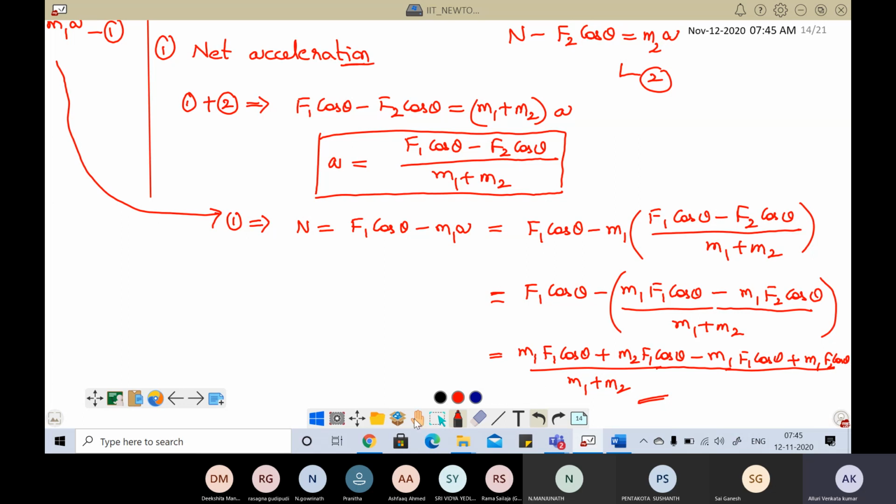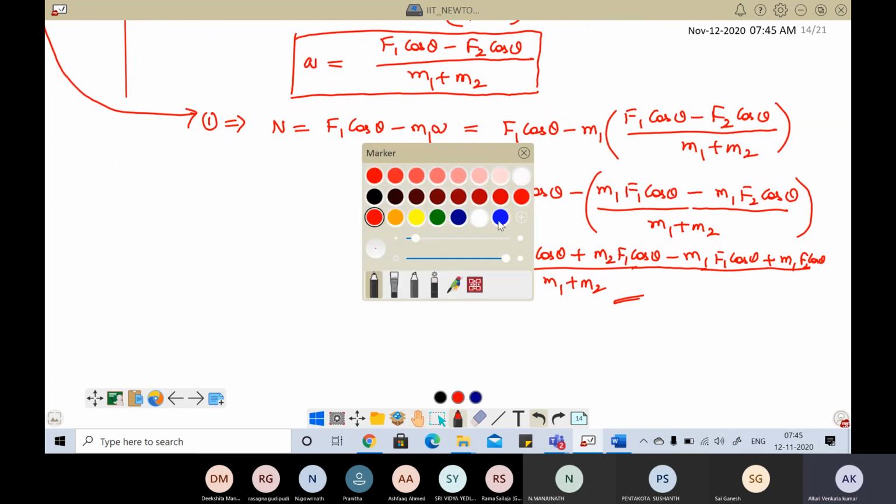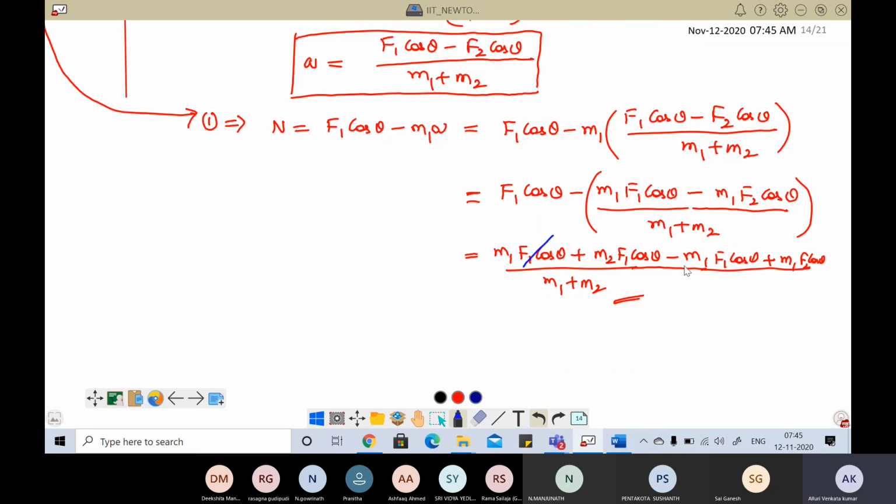Now which one will get cancelled? M1 F1 cos theta will get cancelled, correct? So the final expression will be M2 F1 cos theta plus M1 F2 cos theta divided by M1 plus M2.